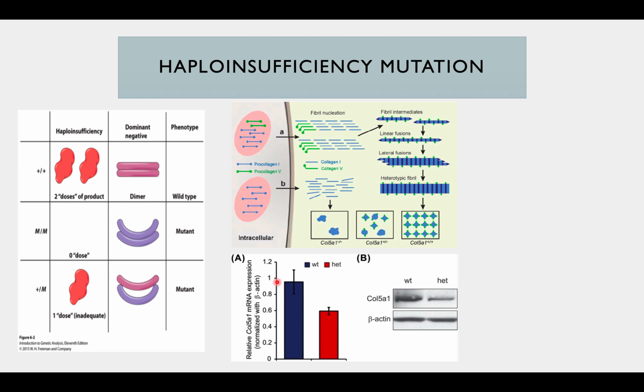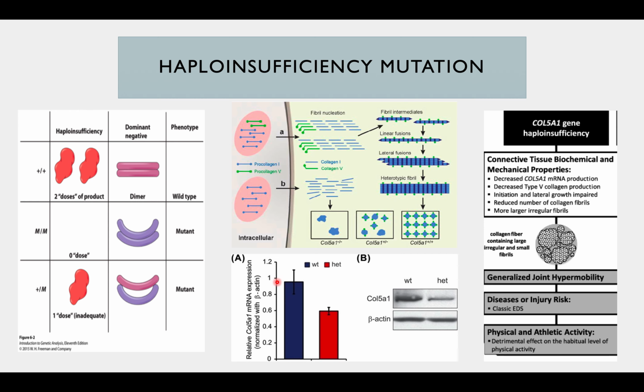And why this happens is because a reduction in collagen 5 leads to inadequate maintenance of biomechanical integrity of collagenous matrix. A defect in collagen can weaken connective tissues in the skin, bones, and blood vessels, which can lead to classic Ehlers-Danlos syndrome. If collagen is weaker than it should be, tissues in the body will be fragile.